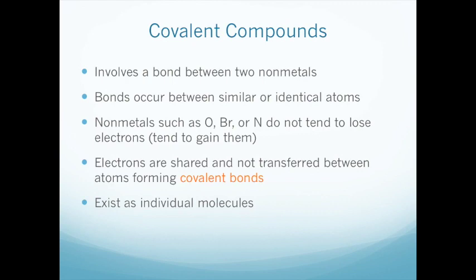The main difference between covalent compounds and ionic compounds is that electrons are shared between atoms and not transferred. So this allows these molecules to exist freely as isolated particles.